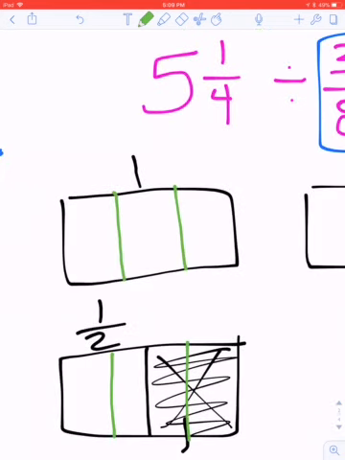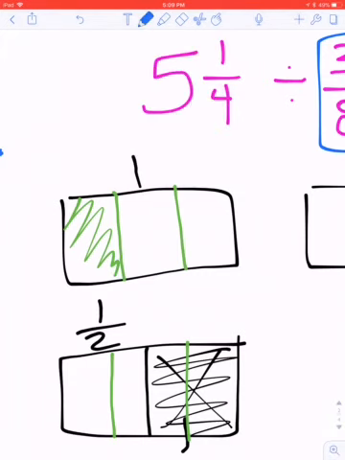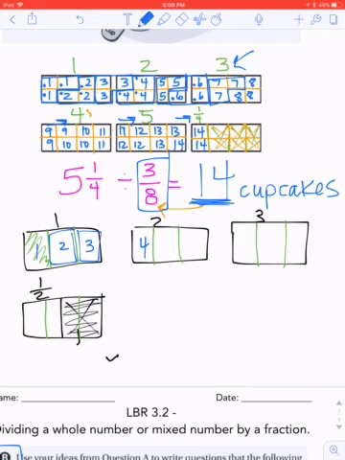So here I can see, here's 1/3, there's 1. This would be another third, 2, another third, 3. So I can keep going and count how many 1/3 cups I can make.